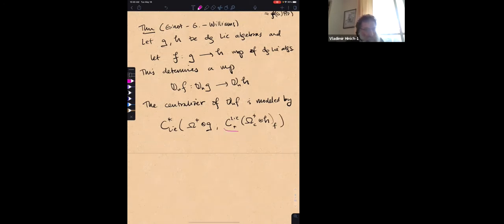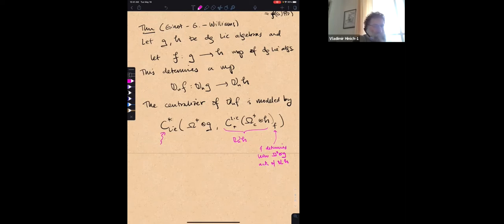Okay, so this part is just Ben's nice model for U_n of H. So F determines how the DG algebra of de Rham forms tensor G acts on U_n of H, right? I mean, we fixed a map here. So there's some way in which G acts on H, and that extends to how it acts on U_n of H.